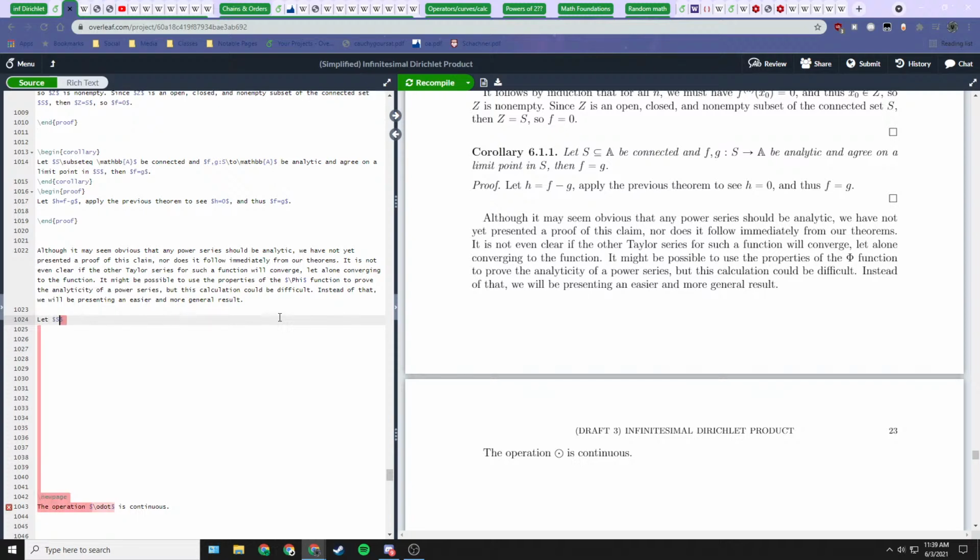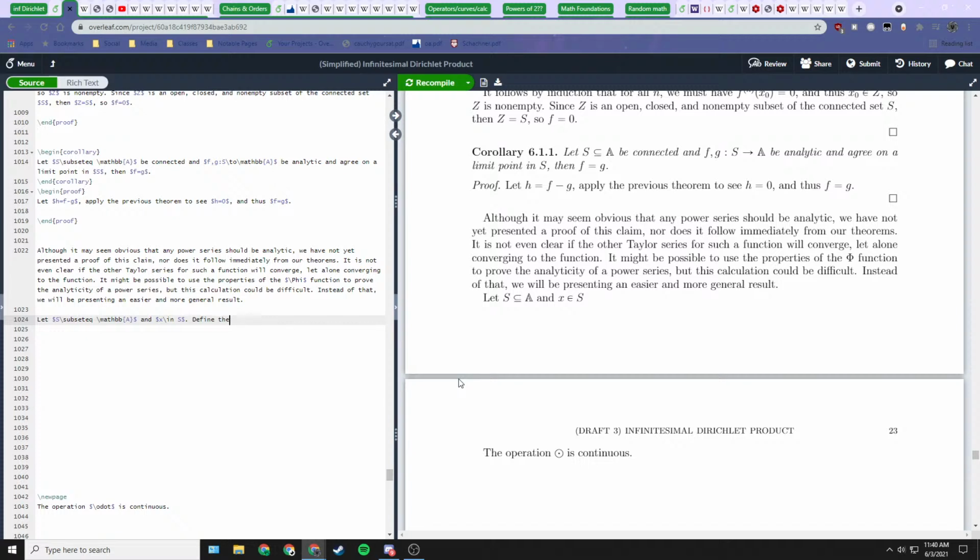Let S be a subset of A, so some subset of our space, and X be a point in S. Then we want to define a particular class of contours.